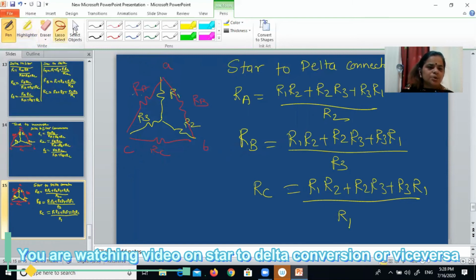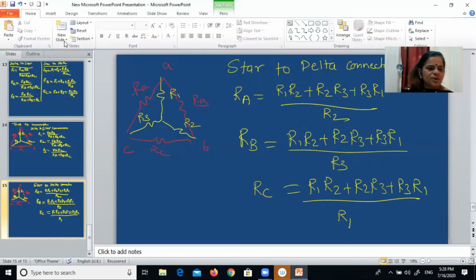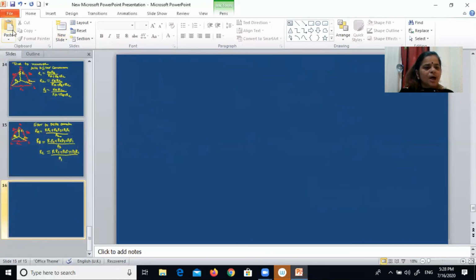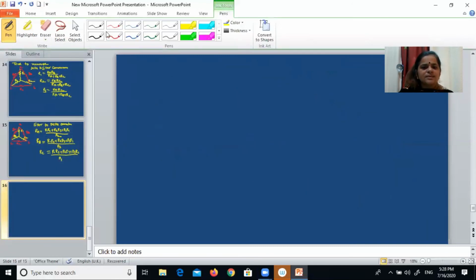Now let us do one numerical based on that. What kind of questions can be asked? Suppose a numerical is given like this, that there are 3 resistances connected in a star whose values are 5 ohms, 10 ohms and 15 ohms.